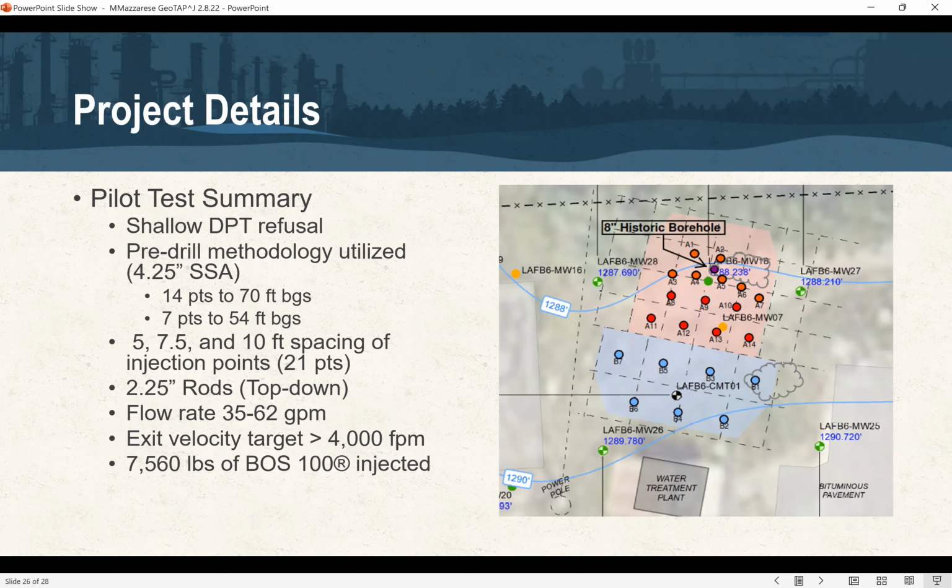For example, if your injection flow rate is static and you lower the overall surface area of your injection ports, then you increase the velocity of the slurry coming out of those ports. On this site, we had an exit velocity of over 4,000 feet per minute, and about 7,600 pounds of BOSS 100 installed.